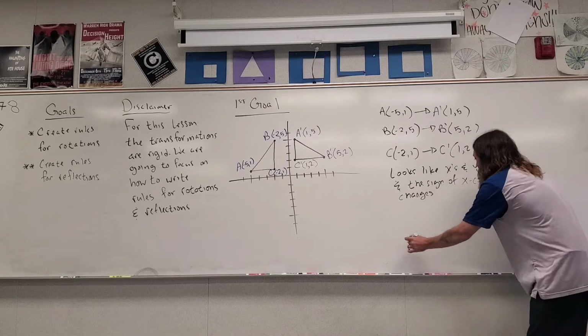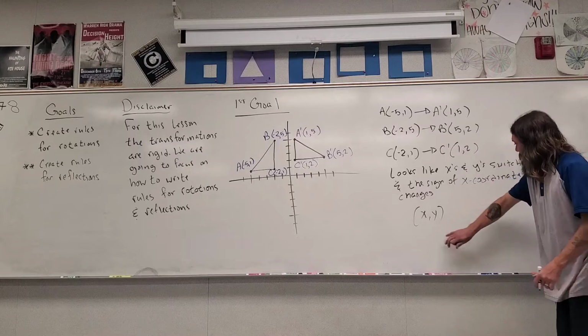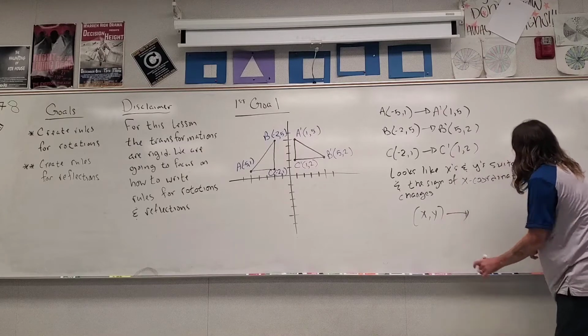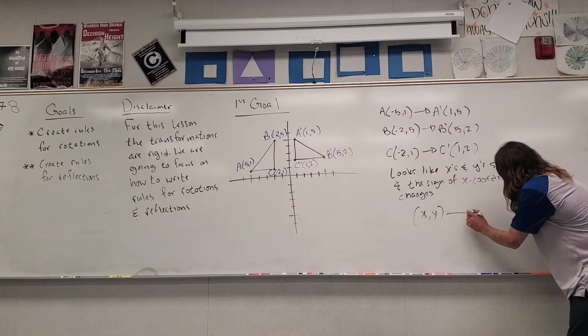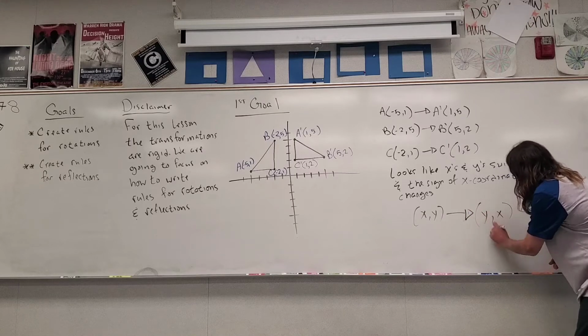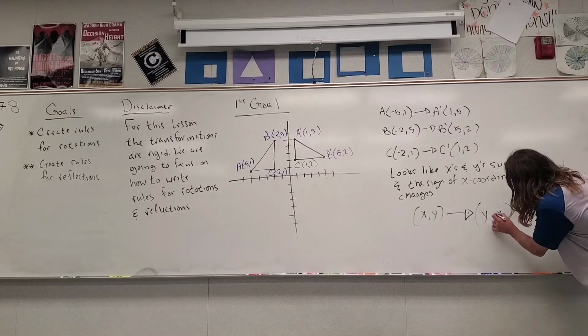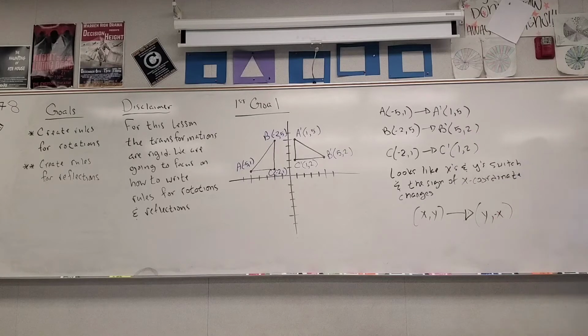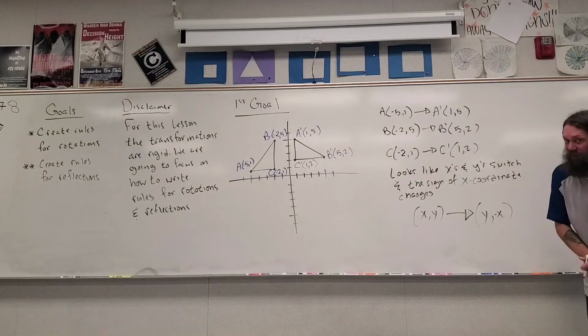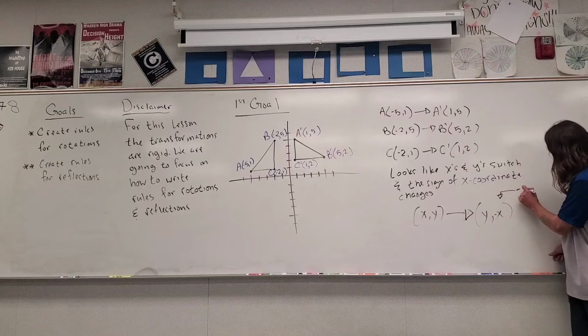All right, so our rule is going to be x, y, which is what we start with. And remember, they're switching, so the rule is going to state that (x, y) becomes (y, x). But I need to account for the change of the sign. So what I'm going to do is put a minus there. When I add a minus, that tells me I switch signs, right? The negative changes the sign.